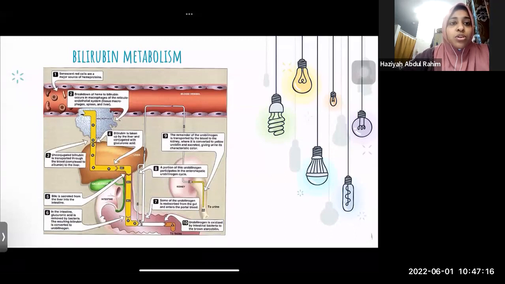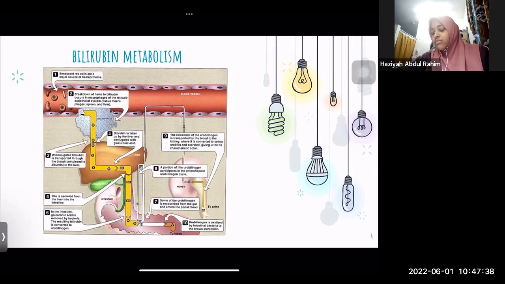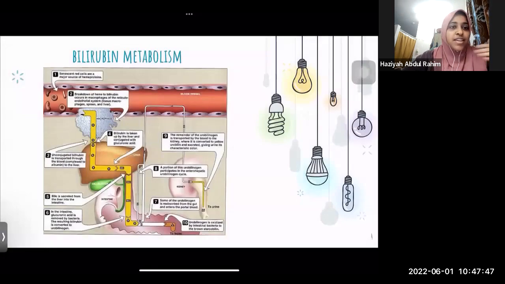In the liver, it will be conjugated with glucuronic acid by the glucuronyl transferase enzyme. Once conjugated, it will be excreted into the colon via bile. Once it reaches the colon, bacteria will unconjugate this conjugated bilirubin and it will become urobilinogen. 80% of this urobilinogen is usually oxidized by intestinal bacteria and converted to stercobilin and excreted into feces.